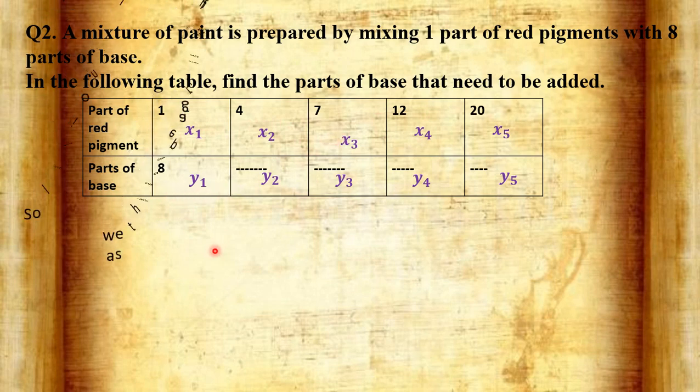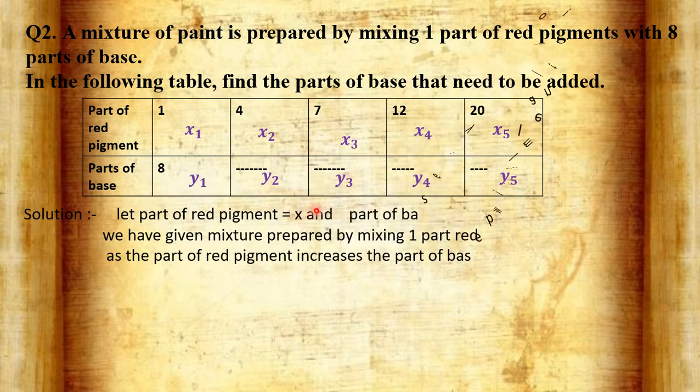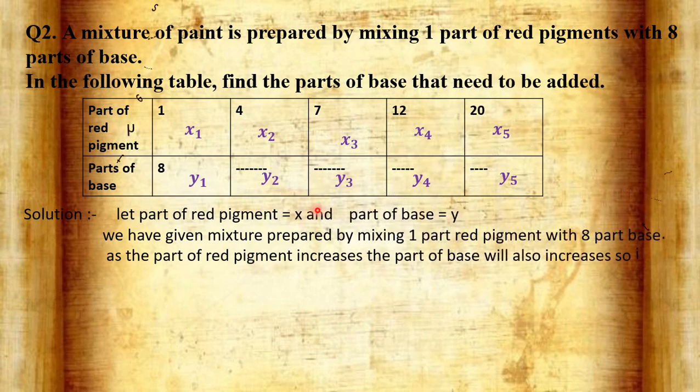As we know, the mixture is prepared by 1 part of red pigment with 8 parts of base. Here we observe that as the part of red pigment increases from 1 to 4, 4 to 7, 7 to 12 and 12 to 20, the part of base also increases. So we understand this is a case of direct proportion.